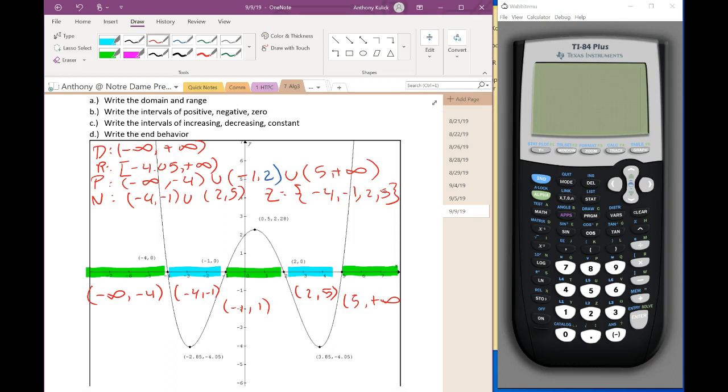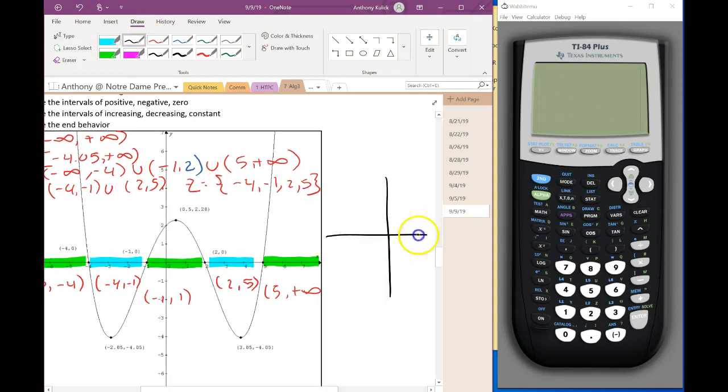So when would it not be? If your graph, say for example, looked like this, here the zeros are some... How many points are there in this little section?